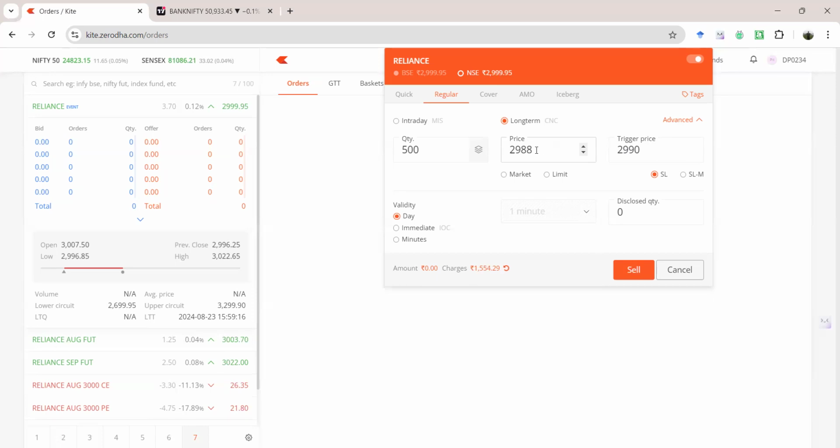Suppose there is very bad news, it falls to 29.87 and keeps falling, 29.50 comes, and it has not come back to your execution price. It will not execute. The trigger will still remain pending, meaning it is still valid to sell. But because there is no buyer at this level, buyers are coming at lower levels. Nobody is willing to buy at 29.88. So your execution will not happen.